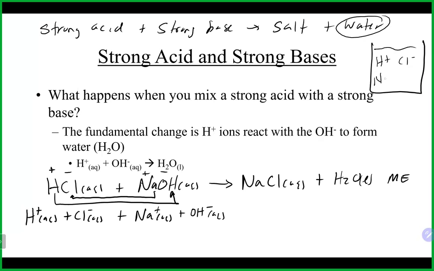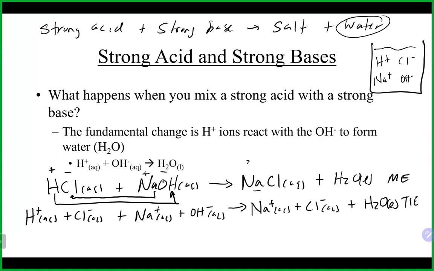And we have our sodium ion and our hydroxide ion floating around from our base. Now, what's going to happen on this side is this is also going to break apart, because it is a strong electrolyte. And we'll get our chloride here. And now water, which is a pure liquid, will actually stay together. So we do not break apart, again, anything that's a solid or a liquid. And this is our total ionic equation.